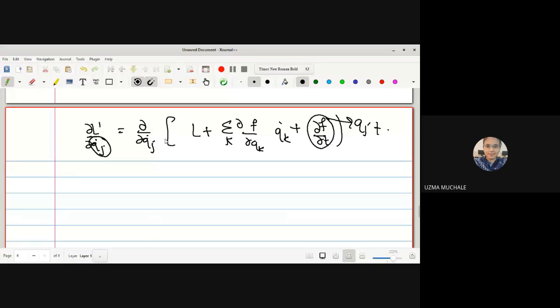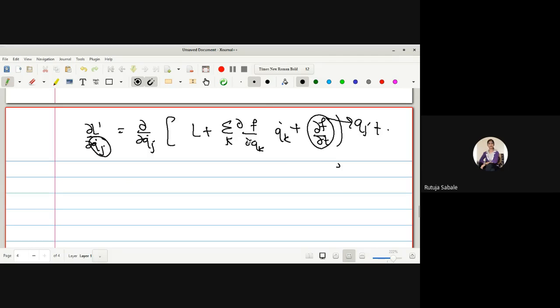This term will be as it is, dou L by dou qj dot. But what about this term? Because as f is a function of qj and t, I have applied here. The mistake was here only, right? If you want to apply derivative with respect to qj dot, we have to see the function, no? What is f? F is a function of qj and t. It doesn't involve qj dot, correct? So if you are going to differentiate f with respect to qj dot, it will be 0.